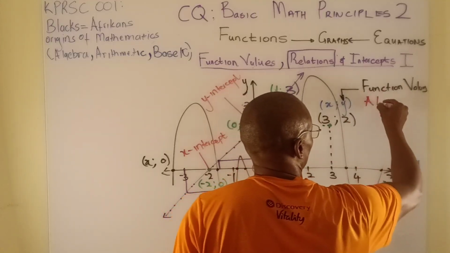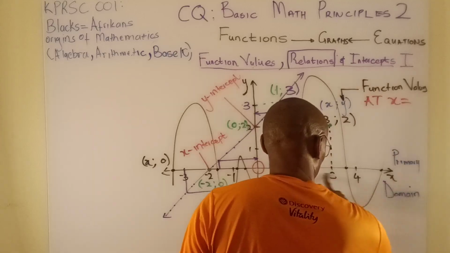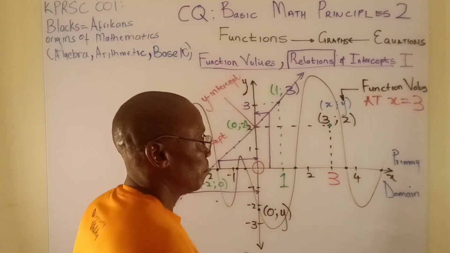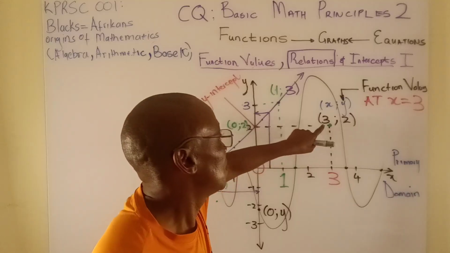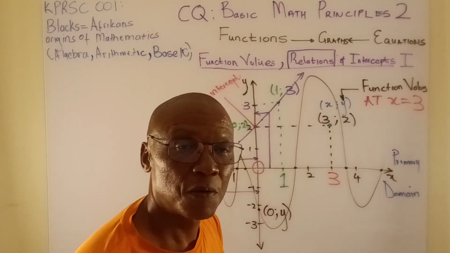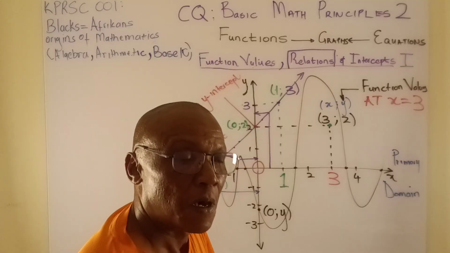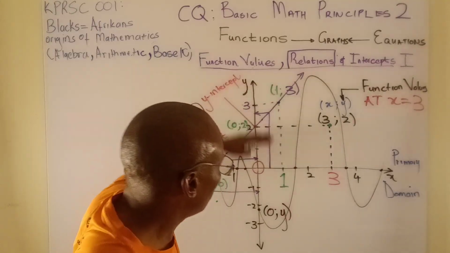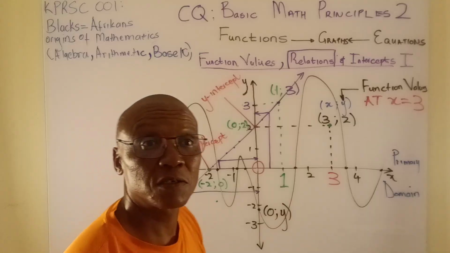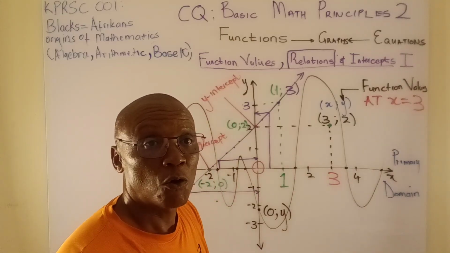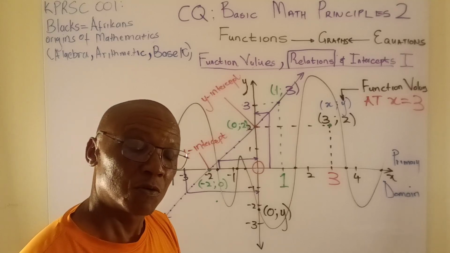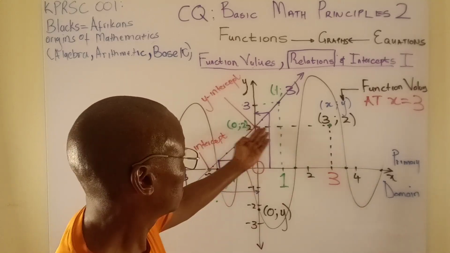Using this example, at x equals 3, meaning I'm talking about the point, I'm saying 2 is the function value at x equals 3. Even if I start with a function value in my statement, I still need to make inference to the x, to the primary. Or I can say at x equals 3, the function value is 2. There it is, the function value is 2.